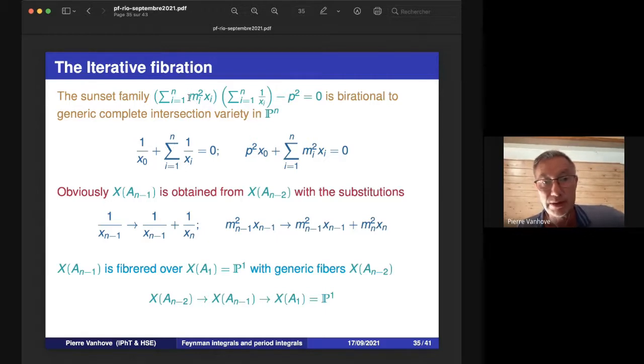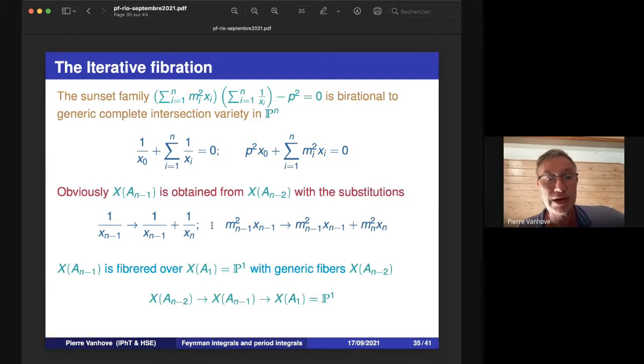Because you separate essentially the two factors that you have here, and then you see that there's a natural iterative construction. So the equation with n plus 1 is obtained from the equation for n by a simple substitution.